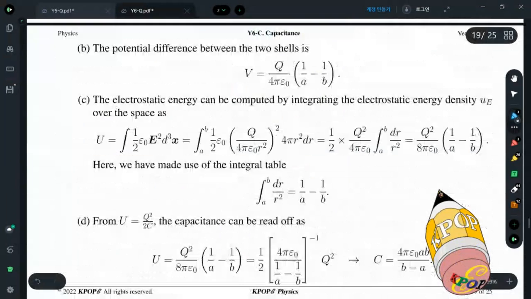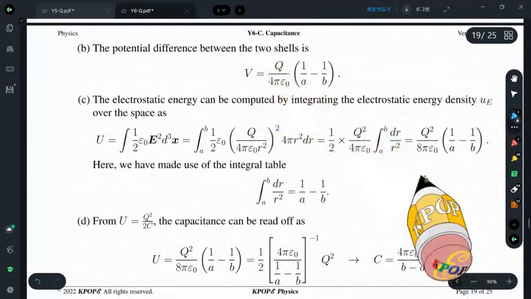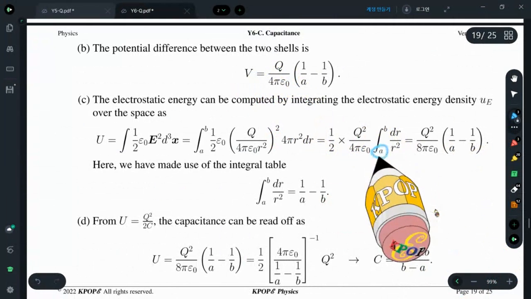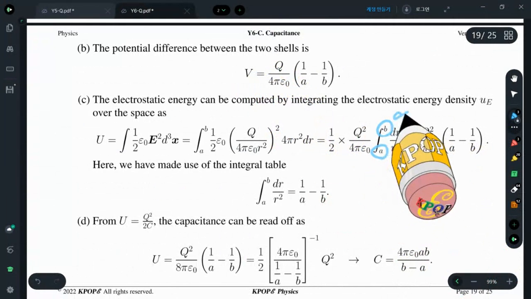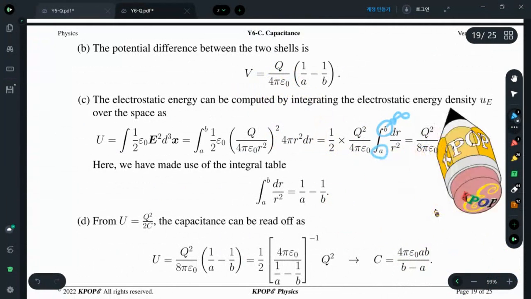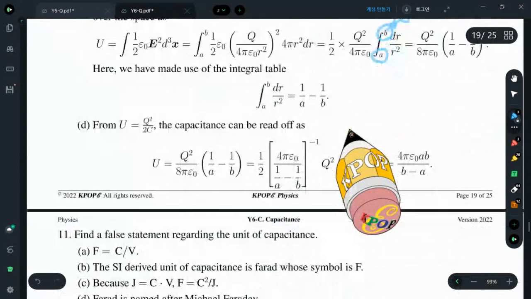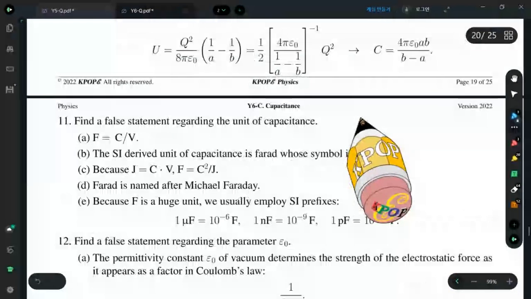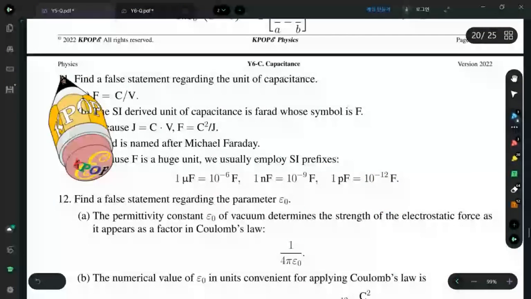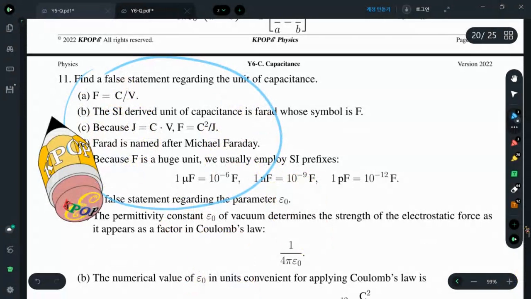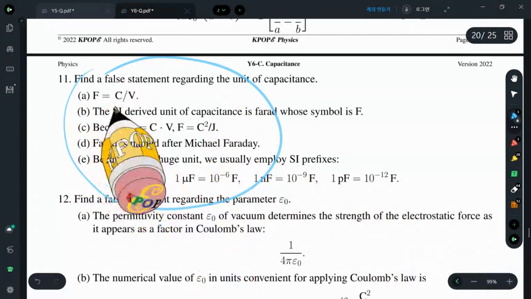All right. Again, we repeat the calculation for the finite case. Here it is from A to B, whereas in the previous case we extended B to infinity. There is no difference between this problem and the previous one. Then we have to remember the units of capacitance.